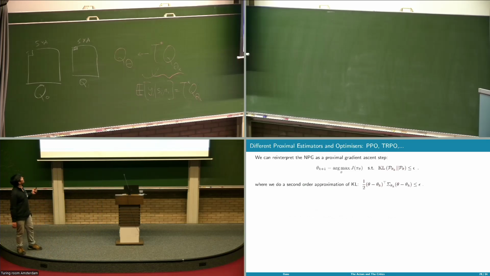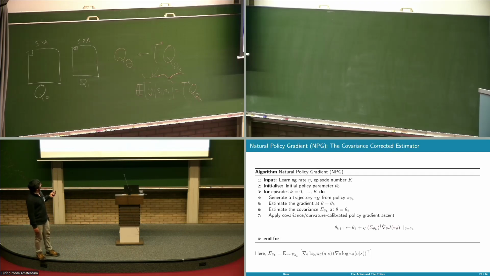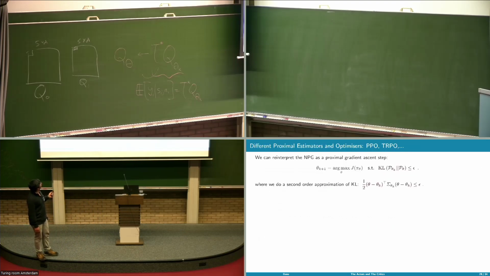Some different types of proximal estimators or optimizers are now used to provide algorithms like PPO, TRPO, and so on. What is the idea? If we look into this formulation, you can think of this update step as finding theta k plus 1 that maximizes J of pi theta. That was our goal, but with another constraint: the KL of the distribution of trajectories induced by theta k and any other theta we want to optimize over should stay below a certain level epsilon.